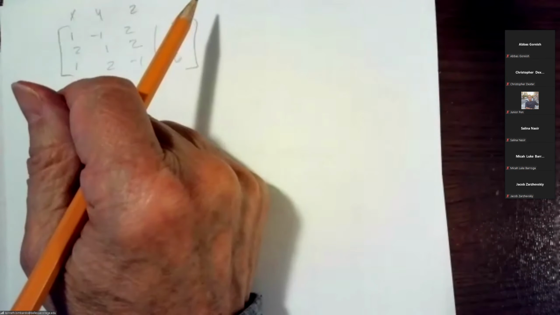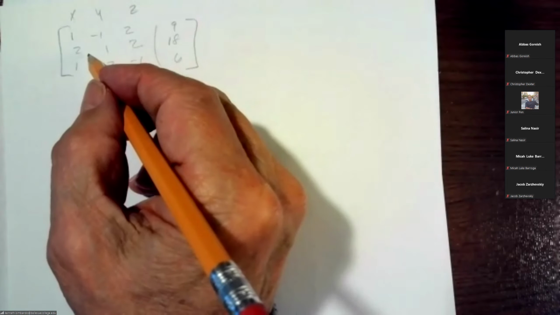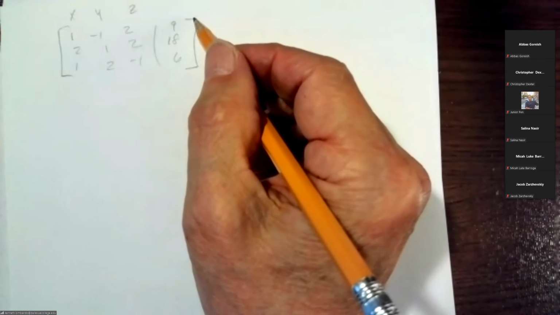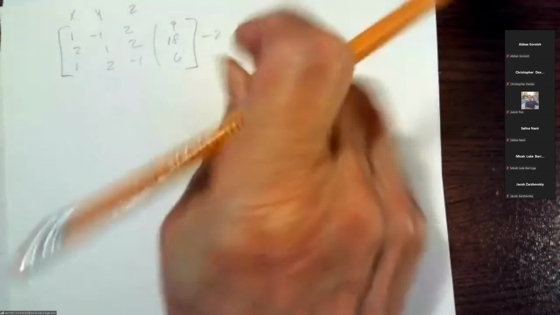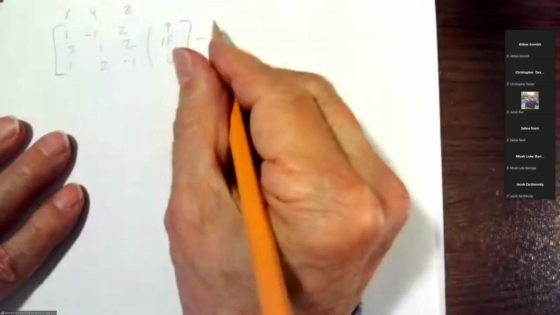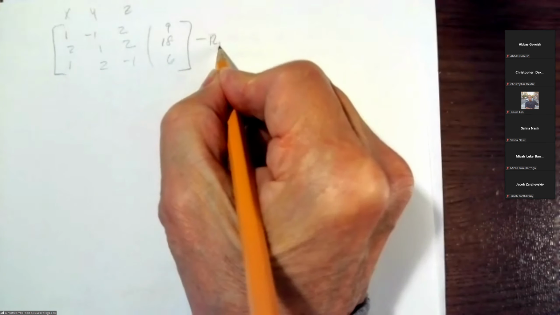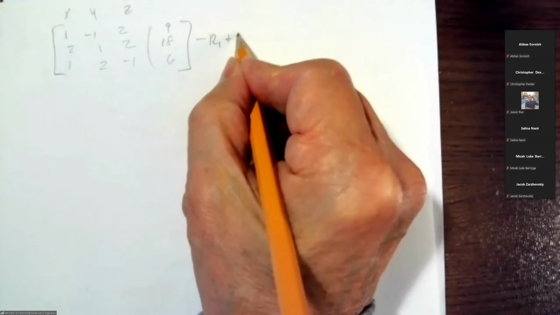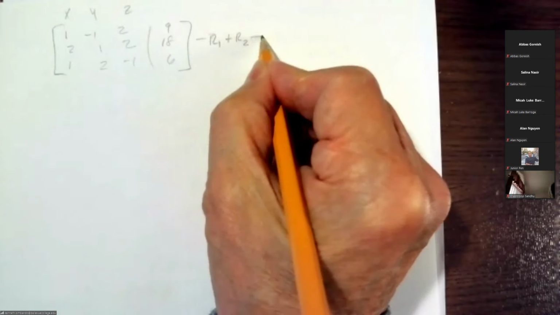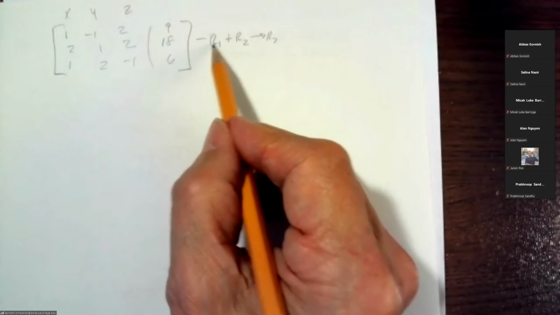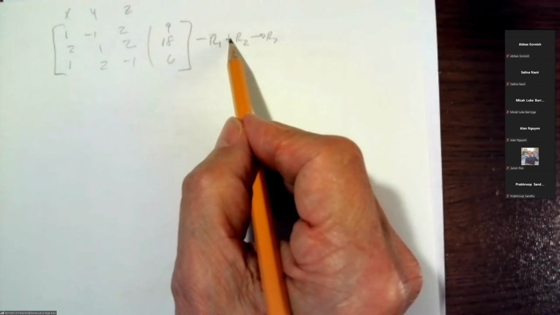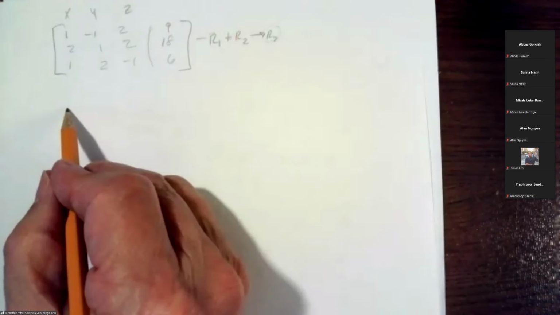And now let's say the row operation I do is negative row 1 plus row 2 and replace row 2 with that. So I'm taking negative row 1 and adding it to row 2 and then replacing row 2.